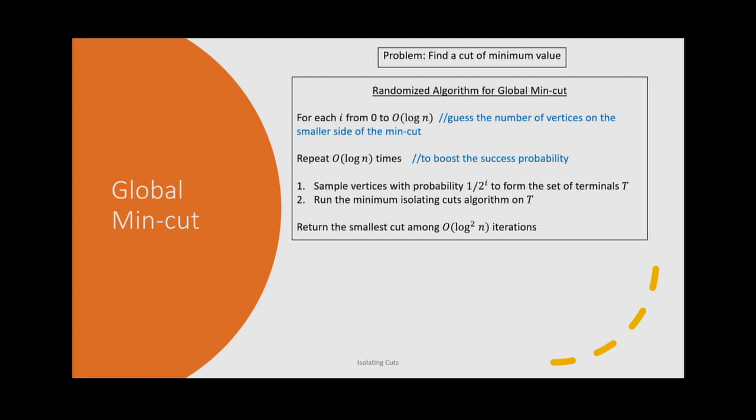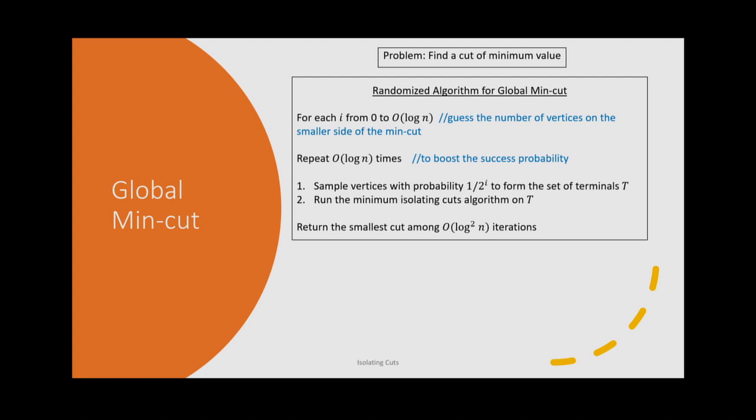I really have no idea how to do that, but what I can do is search over all possible values of k in doubling ranges. So I have an iteration that goes from 0 to log n. This is just trying to guess the value of k up to a factor of 2, and then I repeat log n times. This is just to make sure that I boost the probability of success.